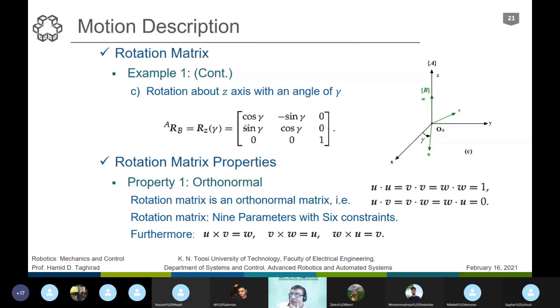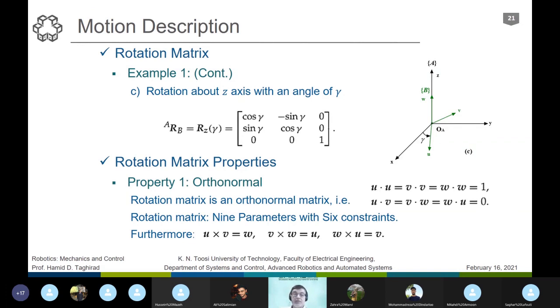But what we can say is that we have a rotation matrix, and this rotation matrix is a very, very interesting matrix. It is not a simple matrix. It is not a very arbitrary matrix. Although it has 9 components, only 3 of them are independent, as I mentioned before. We can see that through orthonormality, or the matrix properties.